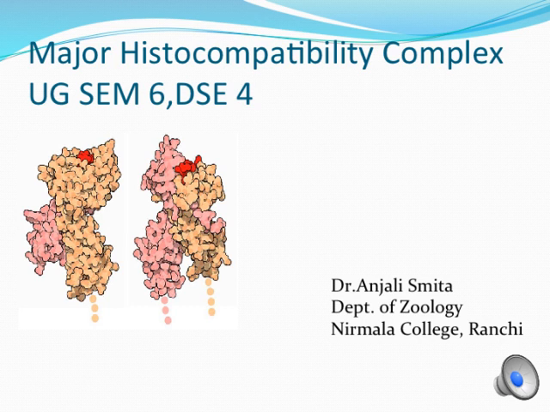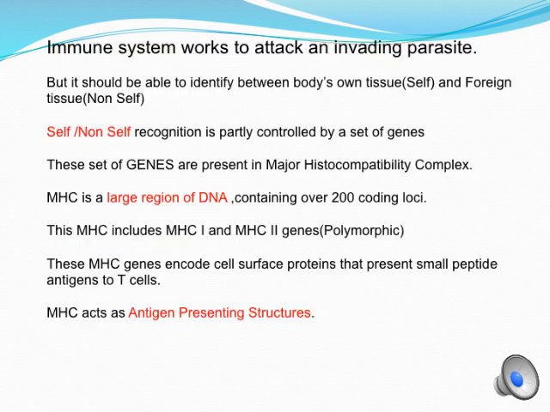Now, since it is a topic of your immune system, you first need to understand what is basically the function of our immune system. We all know the immune system works to attack an invading parasite.